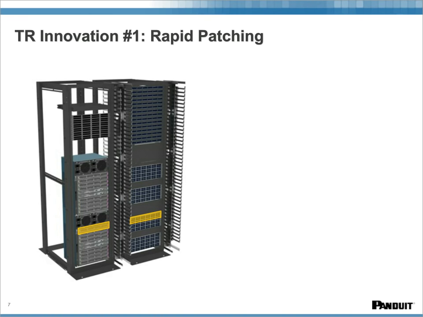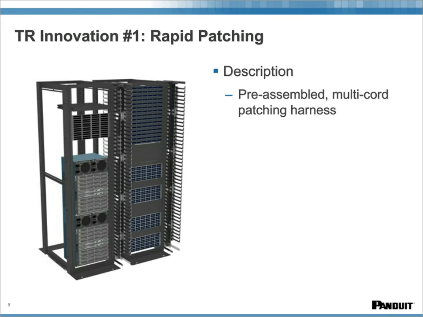Now, with rapid patching, what we're doing is using a pre-assembled multi-cord patching harness that is taking us with a group of cables, a group of cords, from the switch side to the patch panel side. Now, if we do this using a 12-cable assembly, as you'll see in a moment, we can do 1/4 of that line card at a time. If we replicate that 4 times, bam, we've just now patched that entire RU in a much faster way than previously.